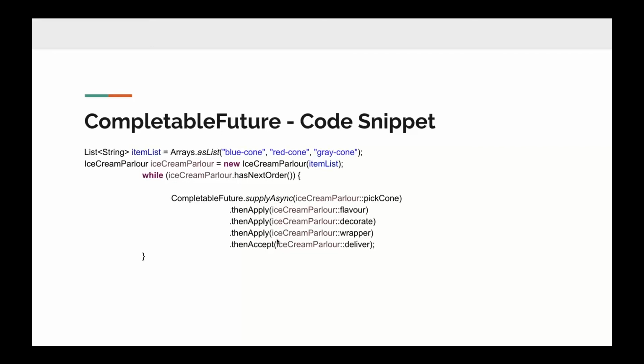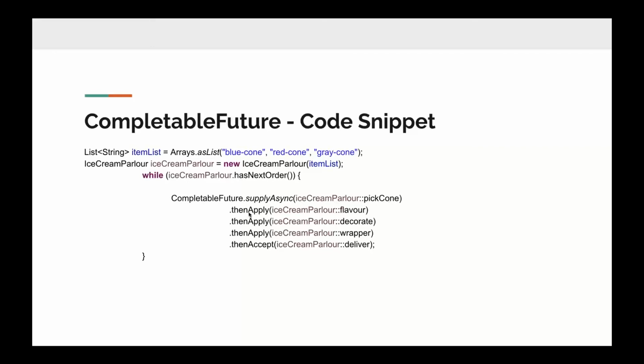So then apply, then apply, then apply. I'm doing some additional tasks, as I described in a previous slide, that there is some decorative functionality going to happen at the backend ice cream parlor. I just described what it is. You see here, I'm taking the cone 1, blue cone, and I'm picking the cone 1, right?